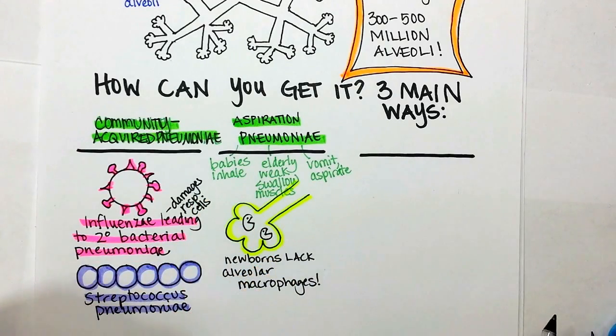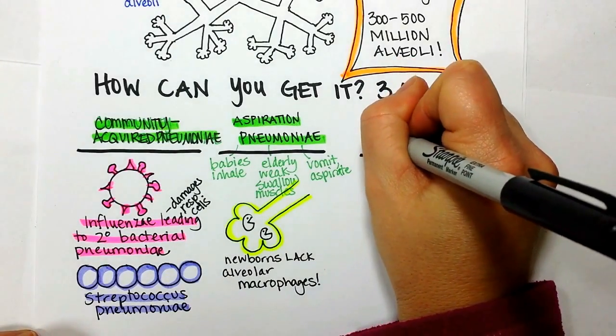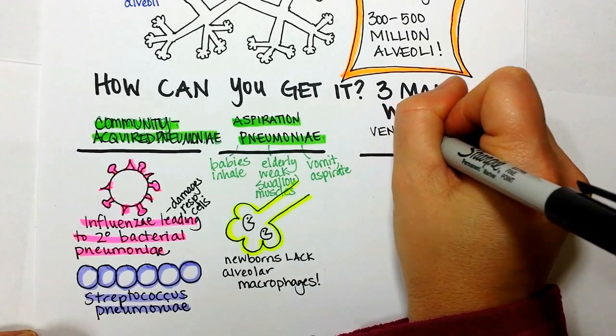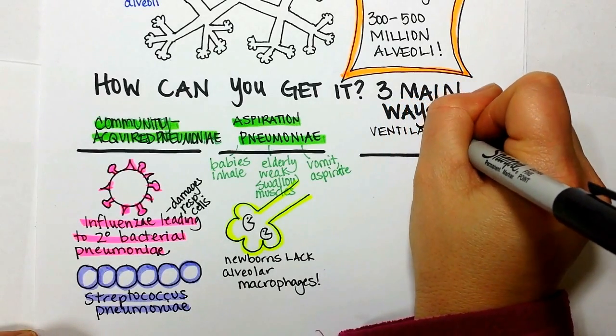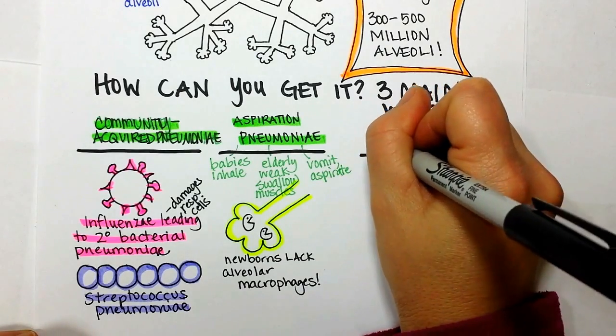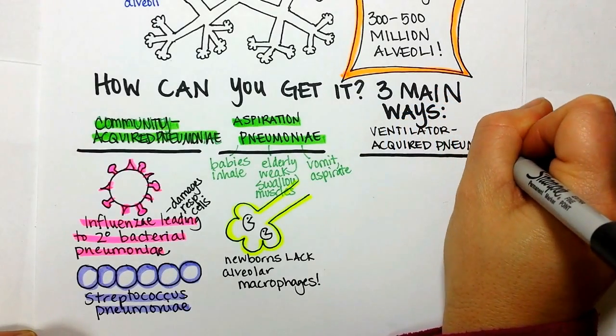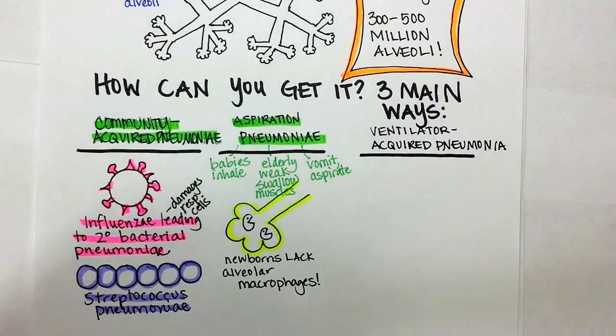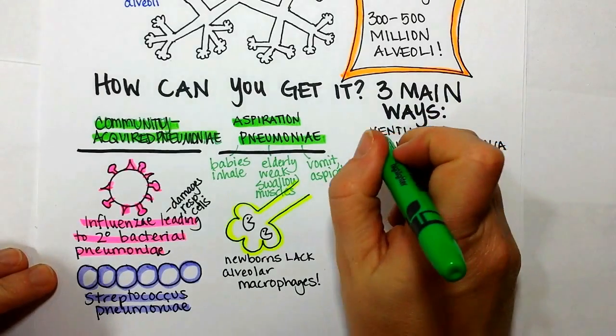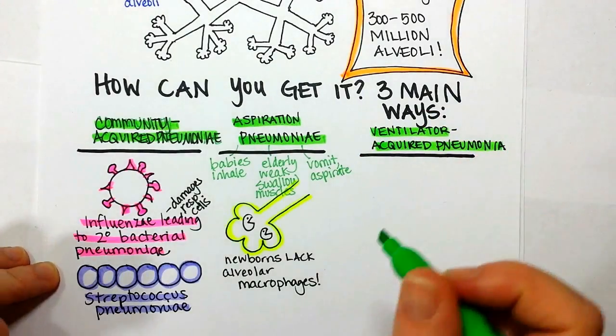Okay, then the third type of pneumonia, or way to get it, I guess I would say, is hospital associated, or what we would call more specifically ventilator-acquired pneumonia.